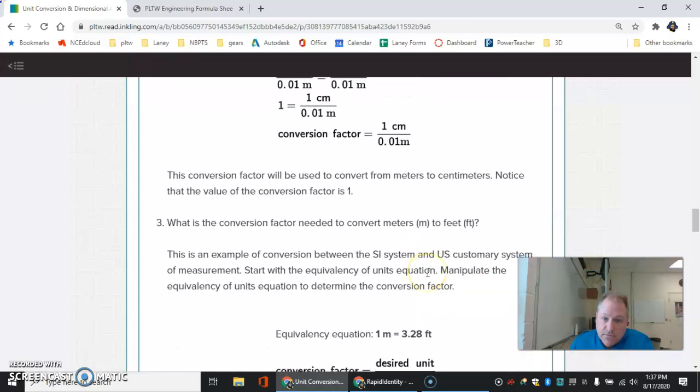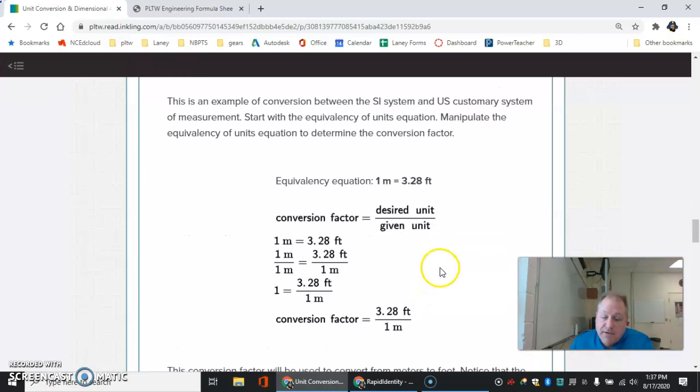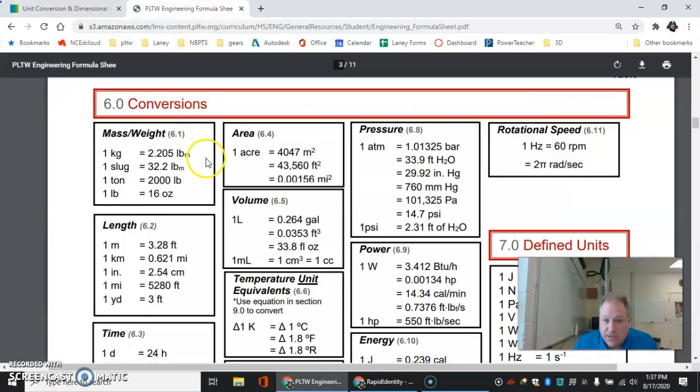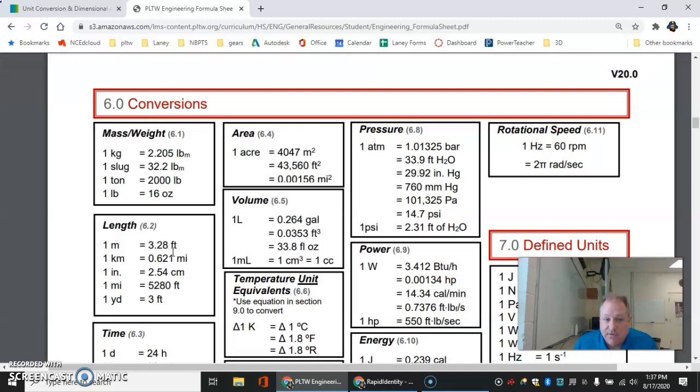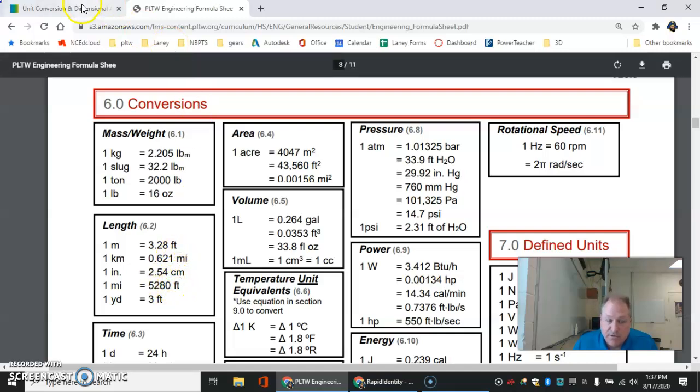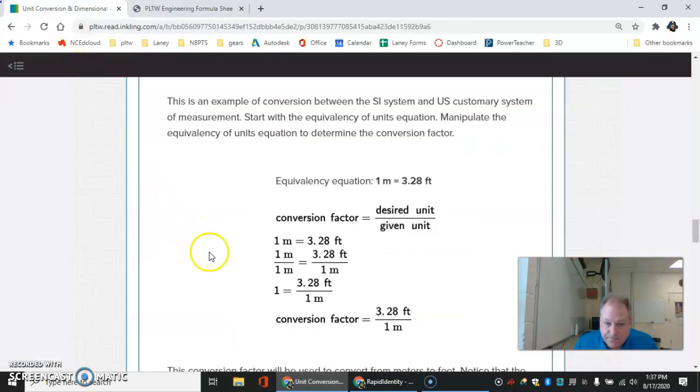But once I have converted to centimeters, I want to convert to feet. So then I have to know what the conversion factor is. I have a formula chart here that gives me all the conversions. I know that 1 meter equals 3.28 feet. I measured in meters, I converted to centimeters, now I'm going to convert to feet.